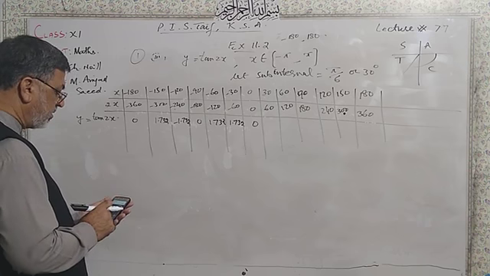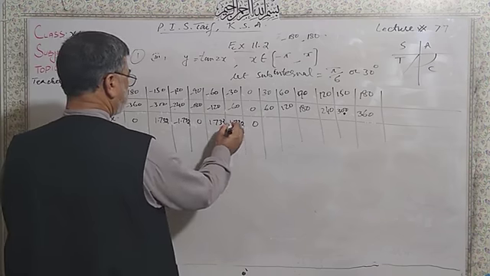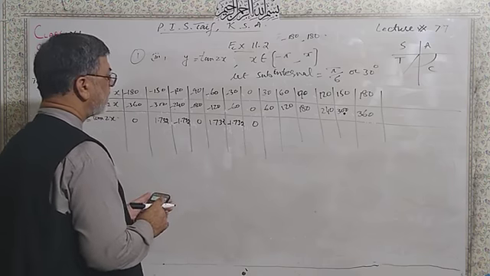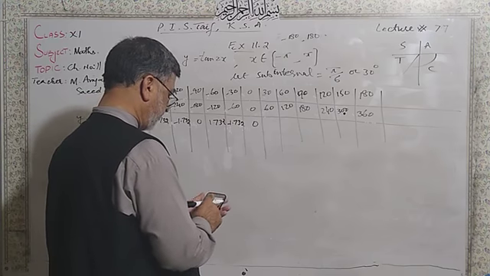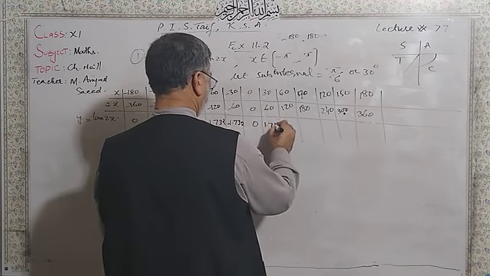60. That is minus. Yes. This is 60. Tangent 60 is 1.732.